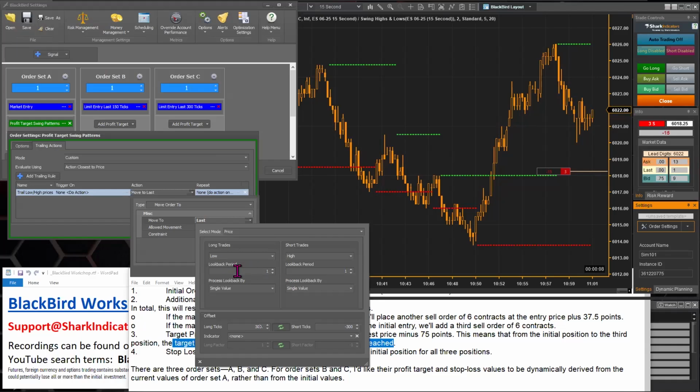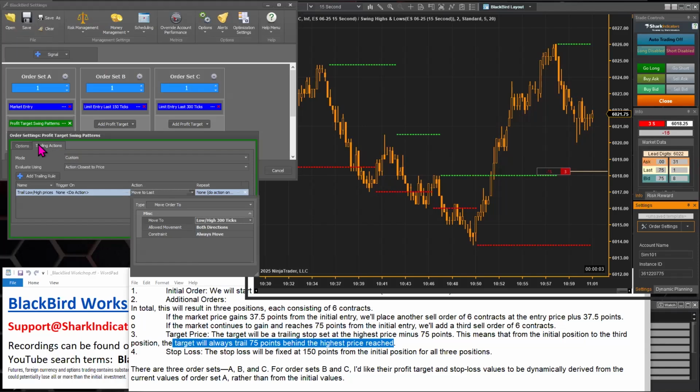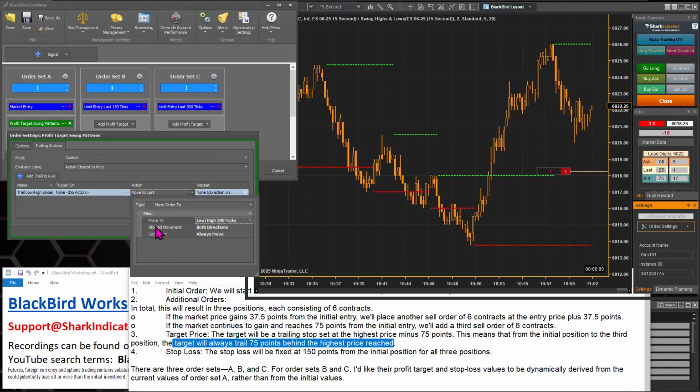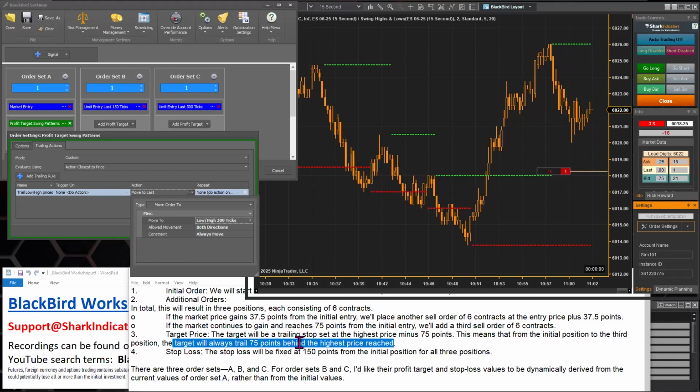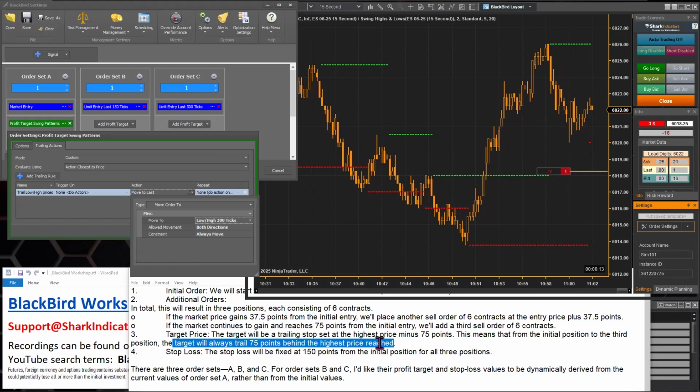Yeah, that's it. Because this is a profit target, we need to go in and adjust the allow movement here. You can see right now it's set to both directions. But we want to restrict this like a trailing stop loss. We only want the profit target to move as price goes higher, because we're using the highest price reached.